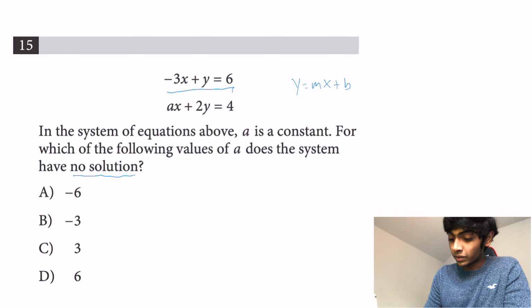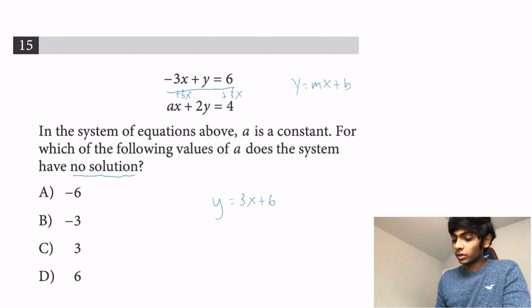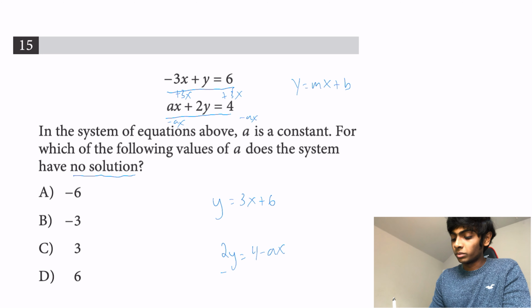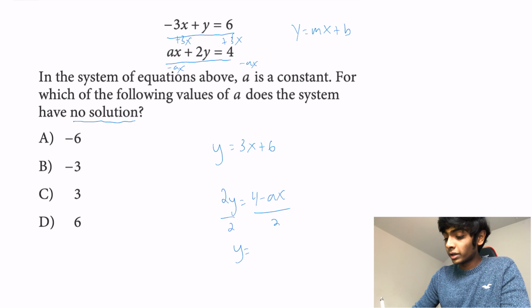So I'll just add 3x to both sides, and we're left with y equals 3x plus 6. And we're going to try to get this as close to the slope form as possible. To do this, first we're going to subtract negative ax on both sides. So we get 2y equals 4 minus ax. And we'll simply divide out the 2 to get y by itself. And we get y equals 2 minus ax over 2.